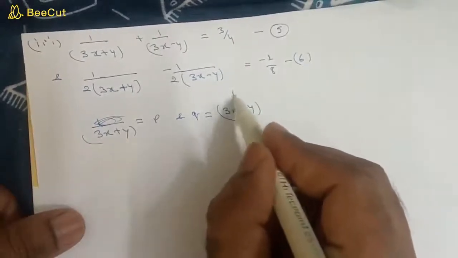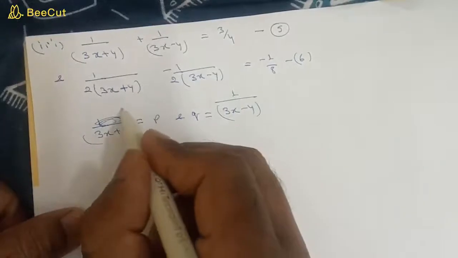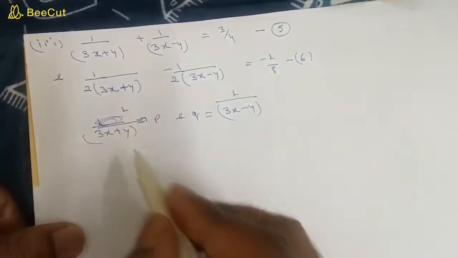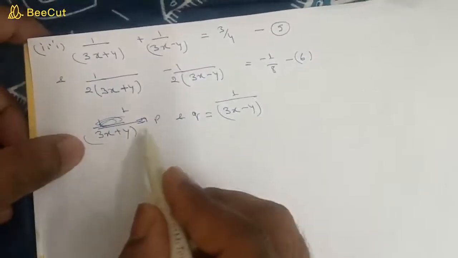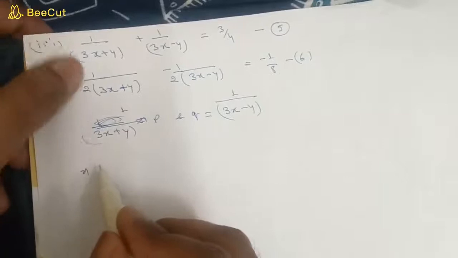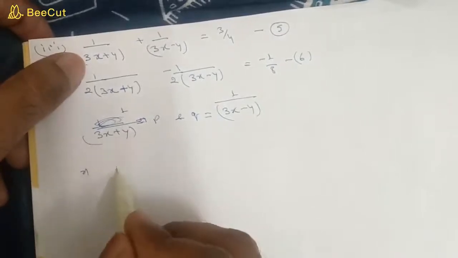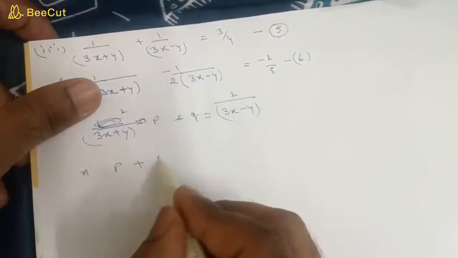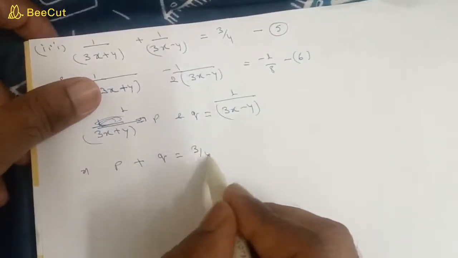So if we assume q is equal to 1 by 3x minus y and p is equal to 1 by 3x plus y, then it will be easy. So we will put the value of p and q in equations 5 and 6. So from equation 5, 1 by 3x plus y we assume p, plus 1 by 3x minus y is equal to q. Q is equal to 3 by 4.